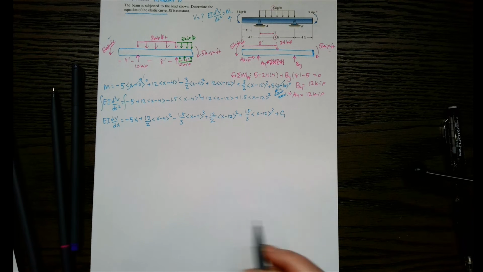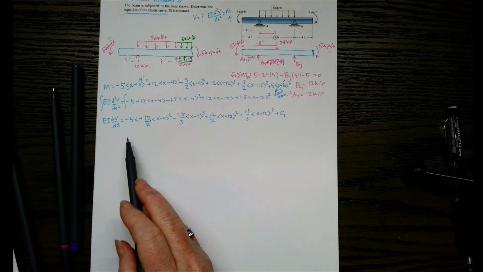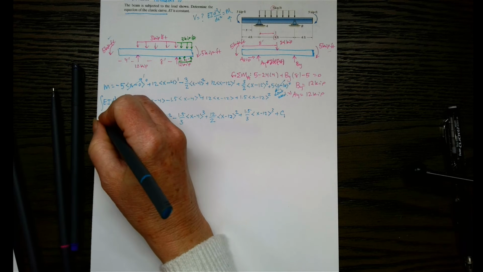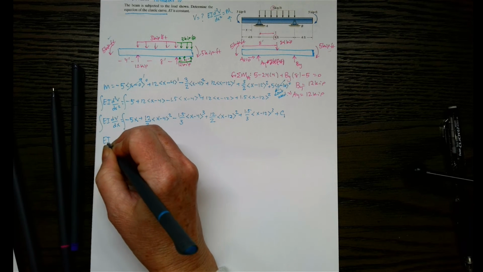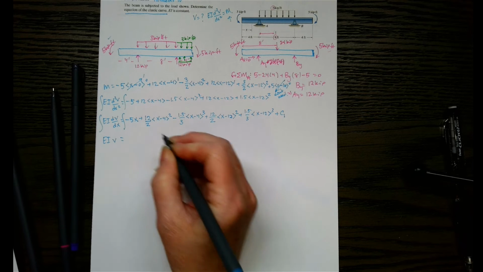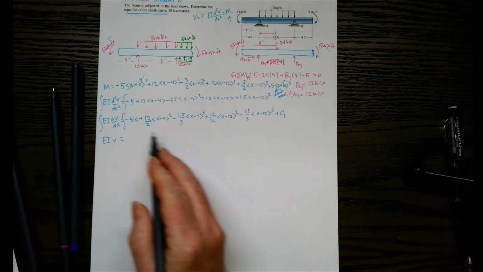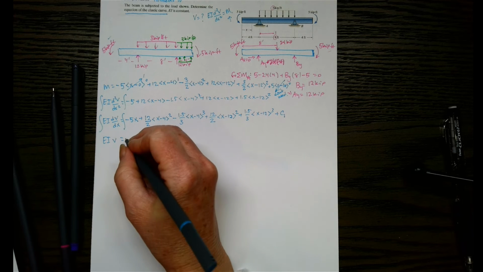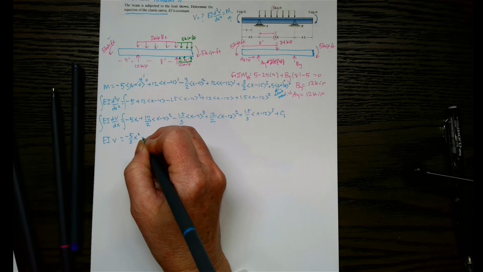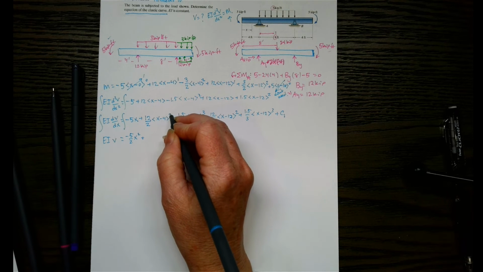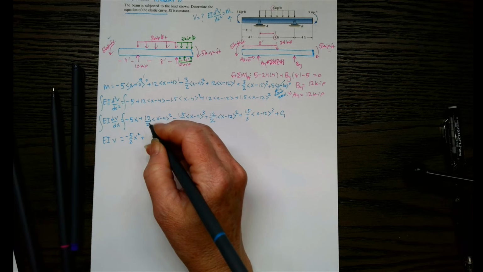Now, this still is not v, so I still need to integrate one more time to get v. So the left side now will be EIv, and that v is what we're looking for. Then we integrate this again with respect to x. So that gives me negative 5 over 2 x squared plus, since this is squared, we're going to divide by 3.